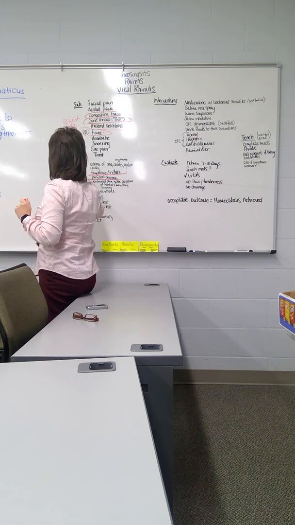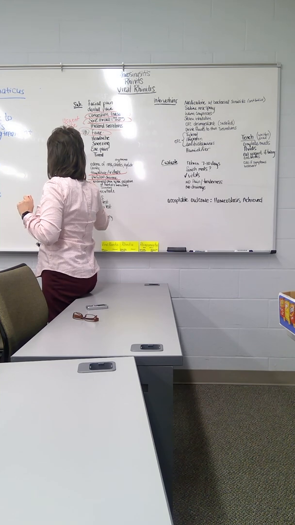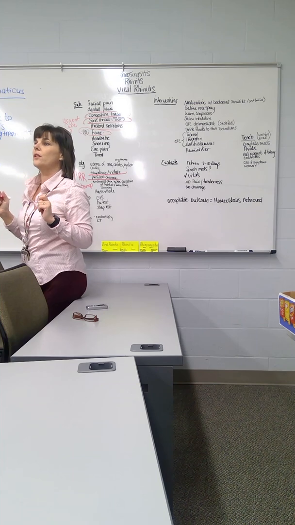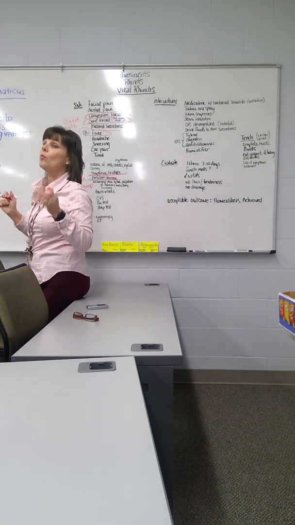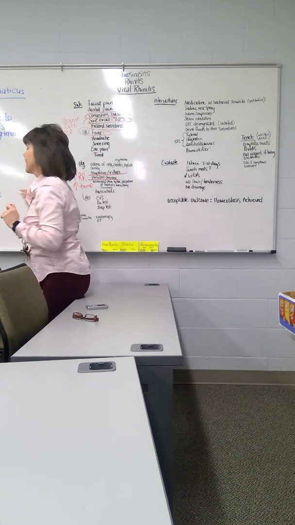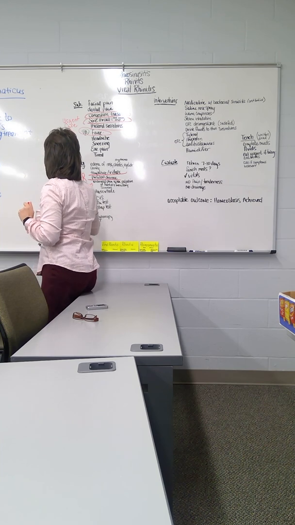Okay, so you may see an increased respiratory rate and an increased temperature. So what do we call a fever? What number? Usually 101, 100.3 to 101, just depends on who you're asking. Okay, so we'll say 100.3.